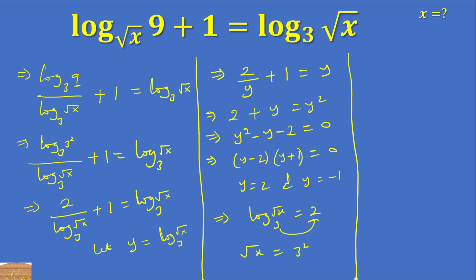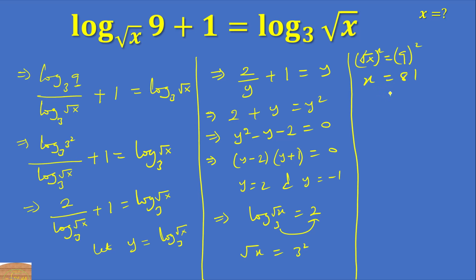So we have root x equals to 9. All right, so we can square both sides. So this one will cancel. So x, so 9 squared is 81. So the first answer for x is 81.